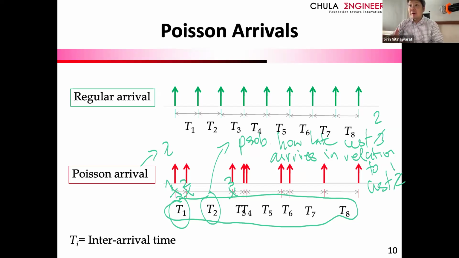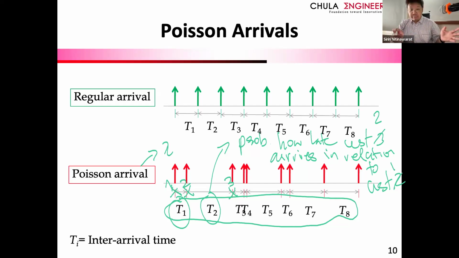So then what should I be able to conclude about T1 and T2 for the Poisson arrival process? For the Poisson arrival process, all customers act the same manner, right? They come in with the same rate. So it should not matter whether I consider the pair of customer 3 and 2 or 2 and 1, right?